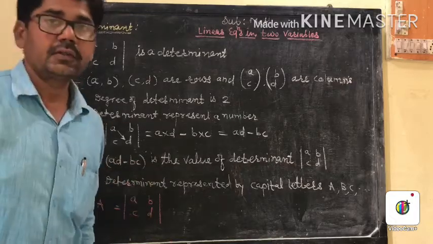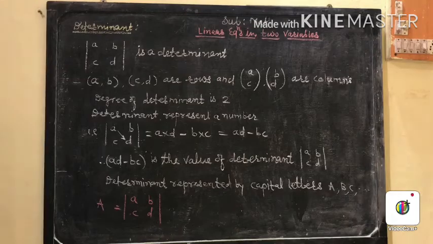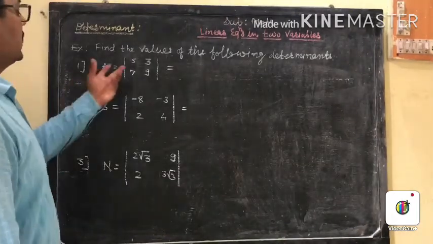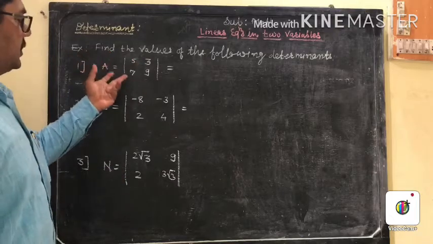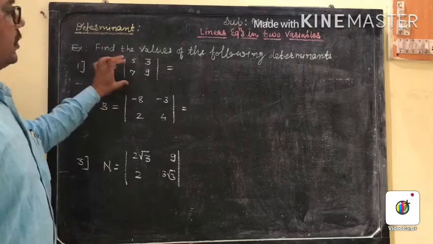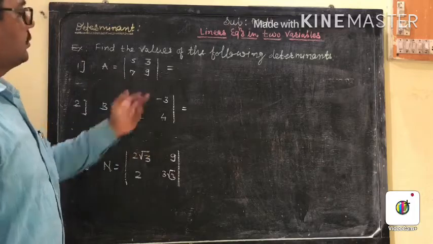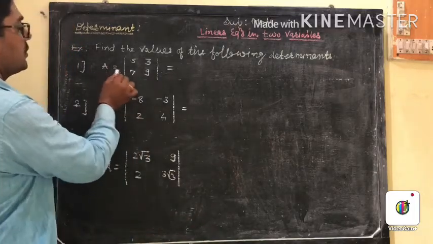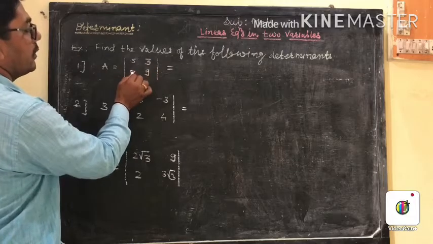Let us see some examples. These are three examples of determinants, and we have to find their values. The first determinant, row wise, is 5, 3, 7, 9.